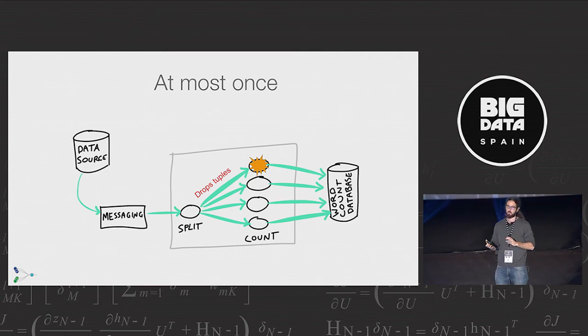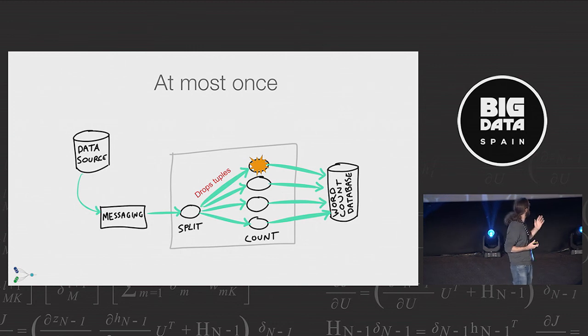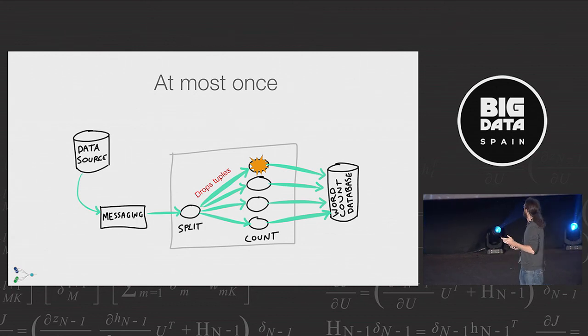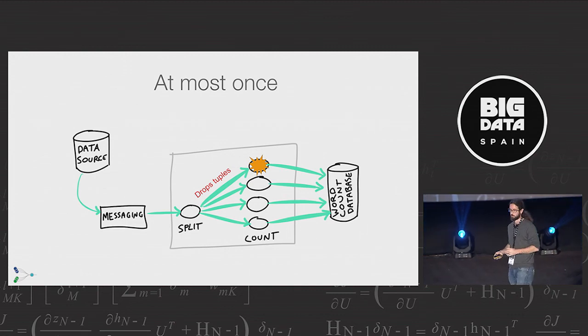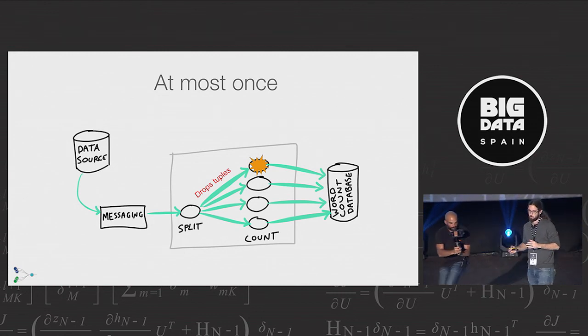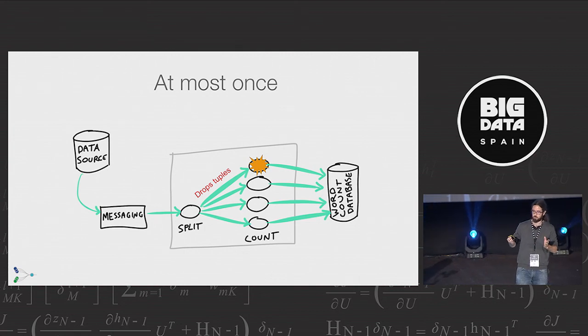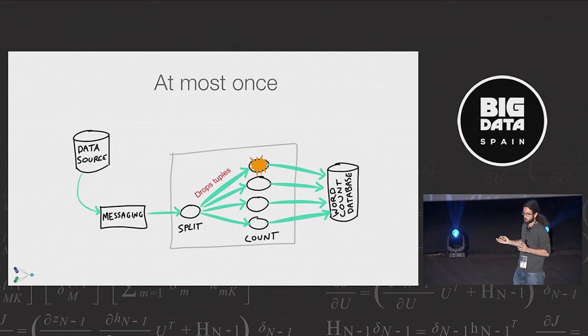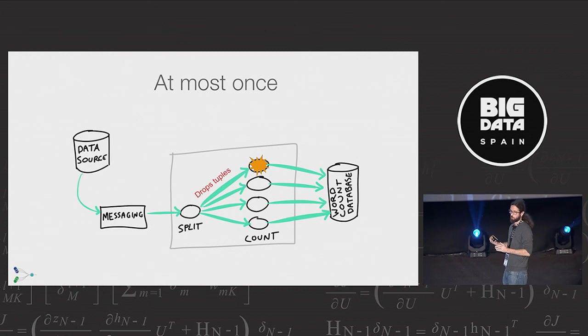If there is a failure in one of the count nodes, the state of that count node can just be thrown away, and the words which should be sent to that count node will just be dropped by the split node when it tries to send them. This can lose a lot of data, but with the at most once semantic, you don't really care. It would even be a valid at most once execution if you dropped every message that came into the system.